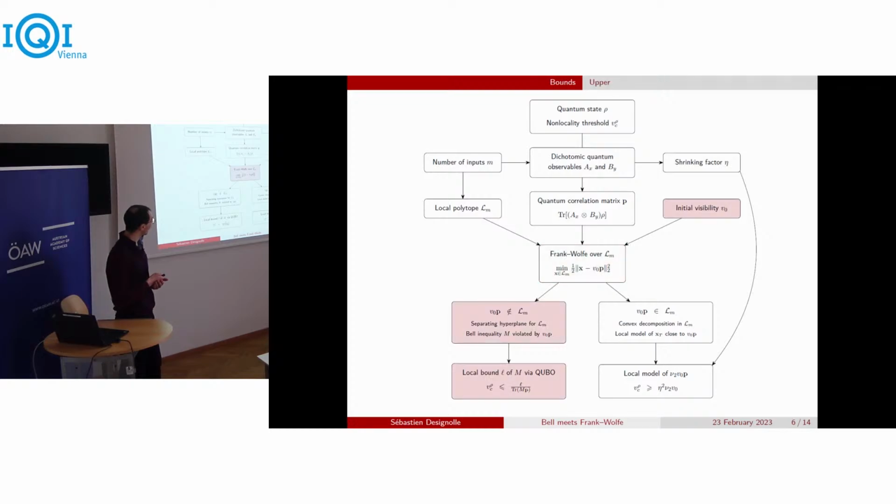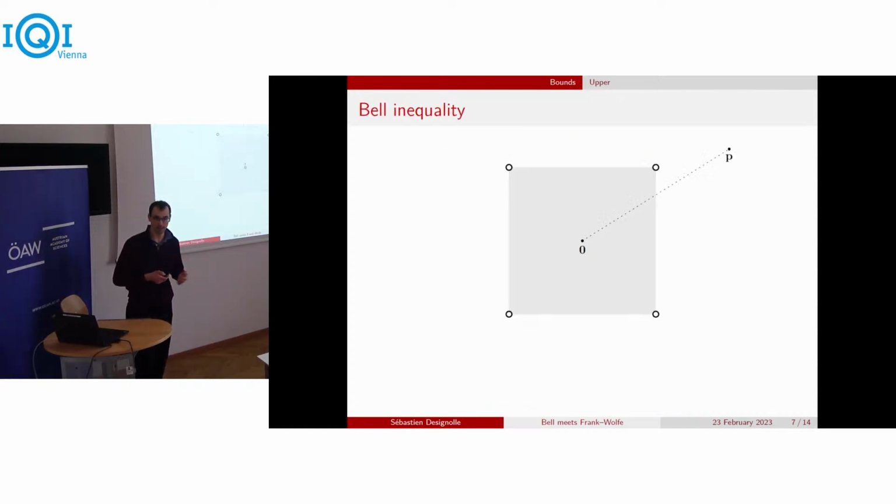And now, let's start with the case where we actually want to get an upper bound on the non-locality threshold. To get an upper bound on the non-locality threshold, all you need in this geometrical picture is a Bell inequality that separates your point from the polytope.